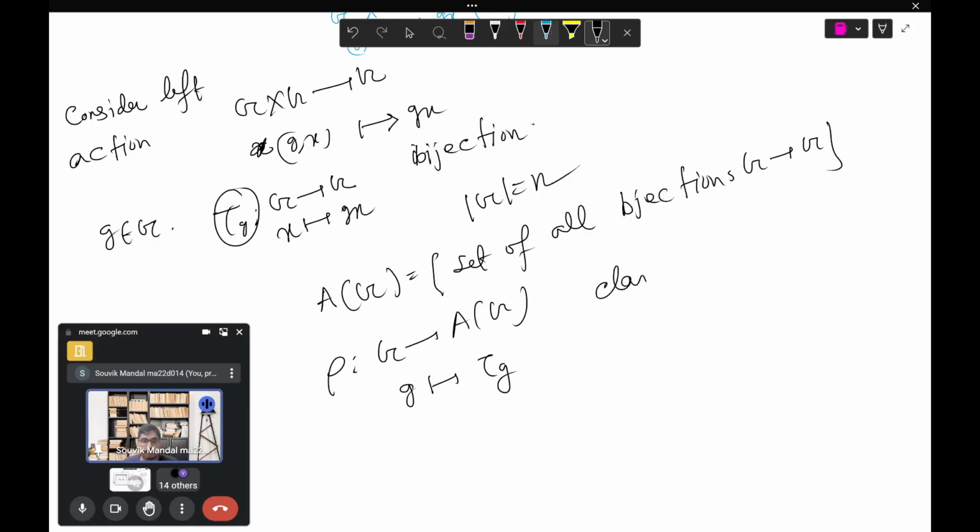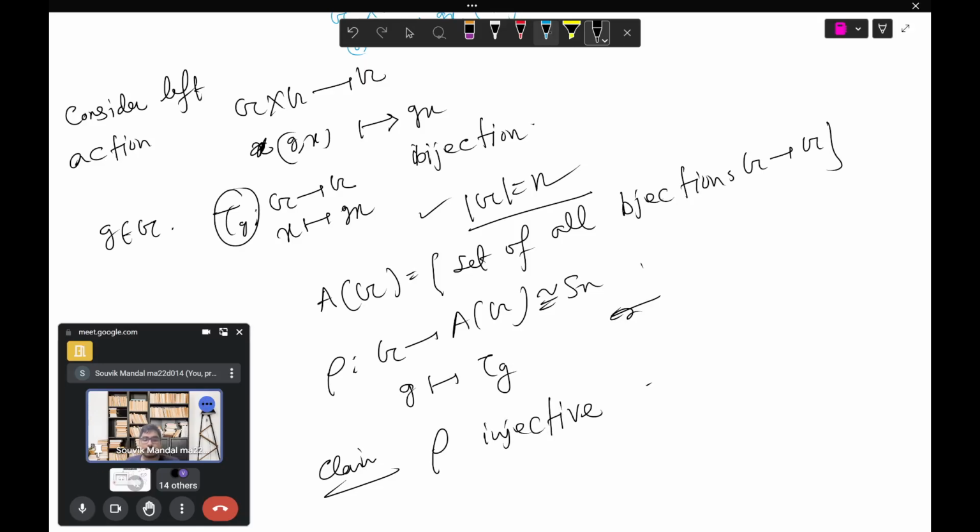Now we claim that, since the order of G is equal to n, A(G), the set of bijections from G to G, is isomorphic with Sn. So if we can show that this rho is injective, then this tells us G can be embedded inside Sn, right? So check that rho is injective. I am waiting for some minutes.